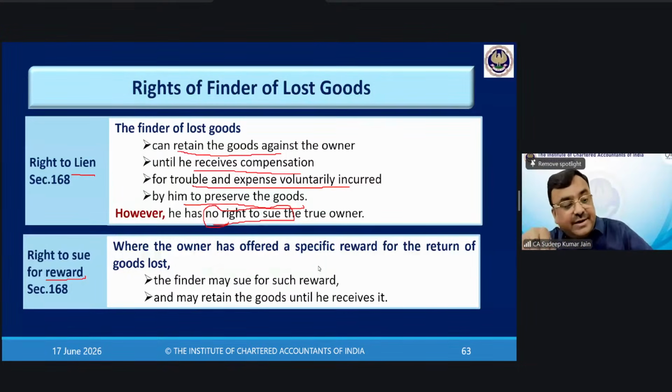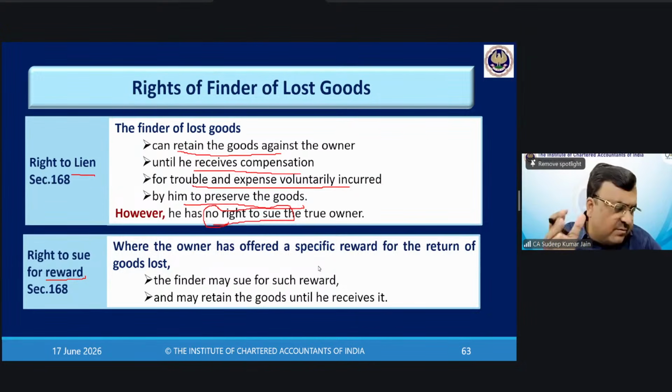Suppose one person finds a watch, say a mobile, and the mobile was dead at that time. He has incurred some expenses to repair the mobile and find the true owner. Suppose he has paid rupees 100 for repair of the mobile, so that he can find out who is the true owner, right? In that case, what actually happened?